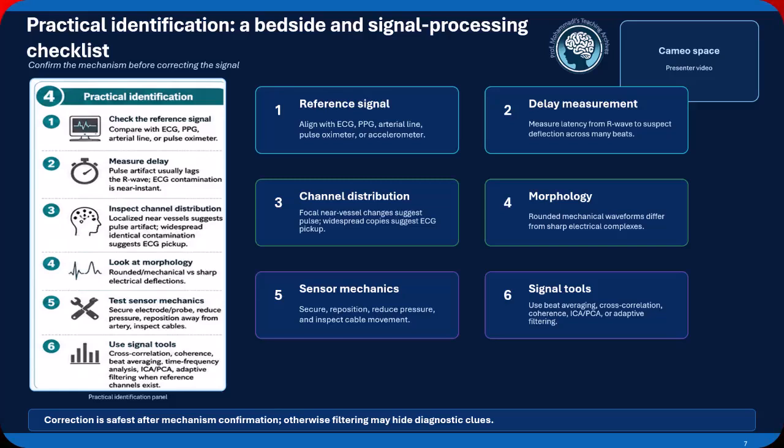A focal artifact near a vessel suggests pulse artifact, while a widespread identical waveform may suggest ECG pickup. Morphology also matters. Rounded mechanical waves differ from sharp electrical complexes. Finally, simple mechanical tests such as securing the electrode, reducing probe pressure, repositioning the sensor, or inspecting cable movement can provide strong confirmation.